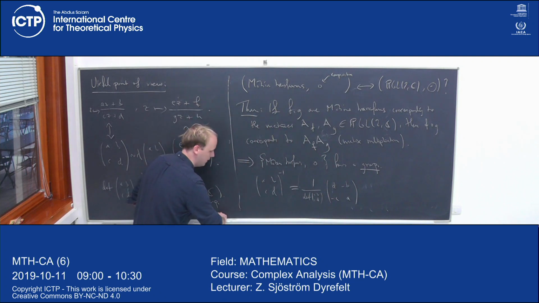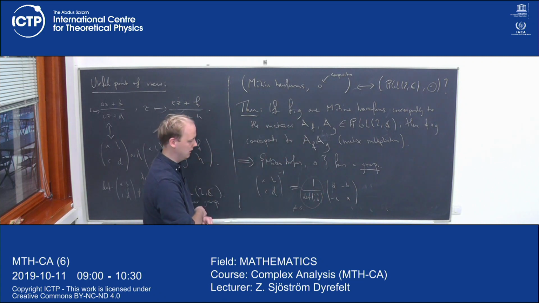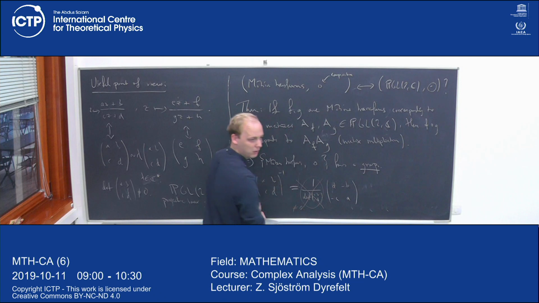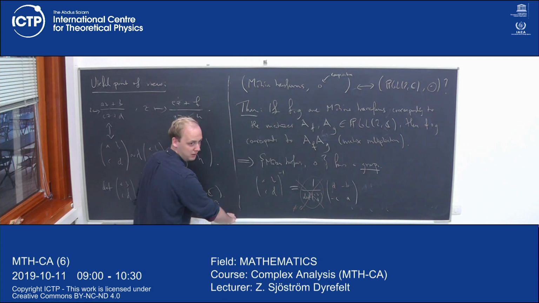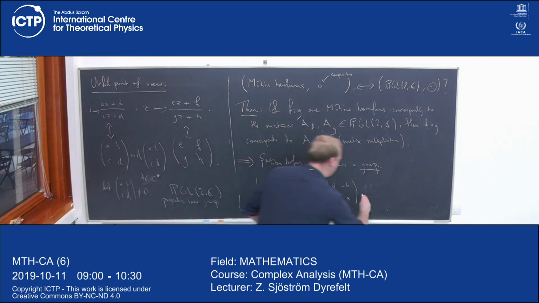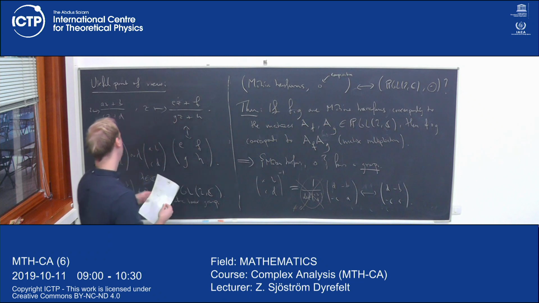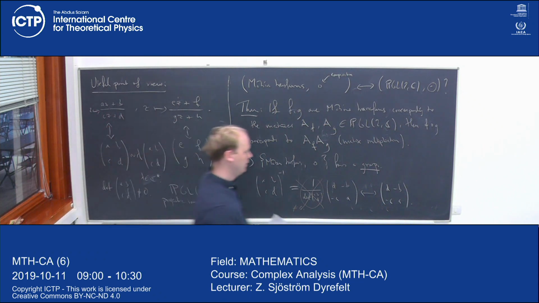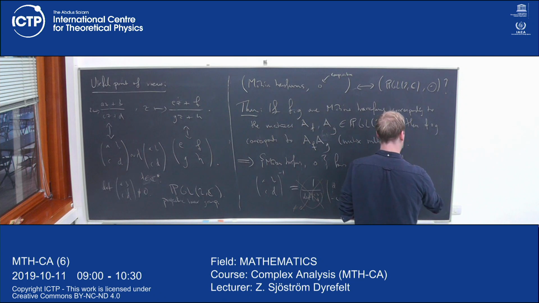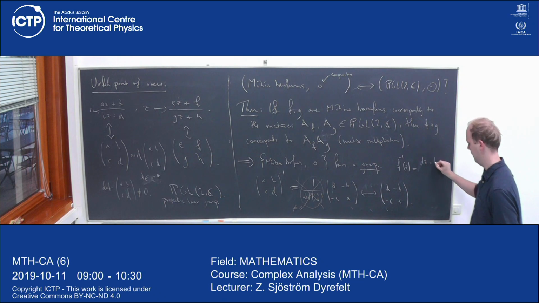But this thing here is a non-zero complex number, so I can just ignore it if I want. There is no need to waste paper and confuse yourself with writing out this number, because this is equivalent to just D, minus B, minus C, A. So this means that the inverse of this Möbius transform, S inverse of z, is equal to (dz minus b) over (minus cz plus a).